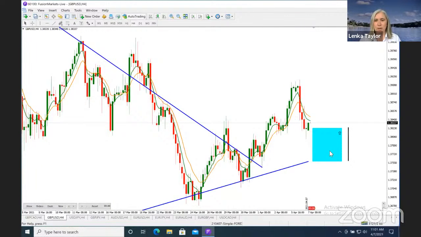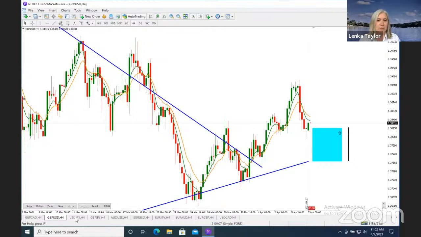So looking to enter on the 4-hourly, if I get some kind of either further pullback towards this trend line or some kind of sideways movement here, and then a strong price action going up. So looking for a long on this currency pair.